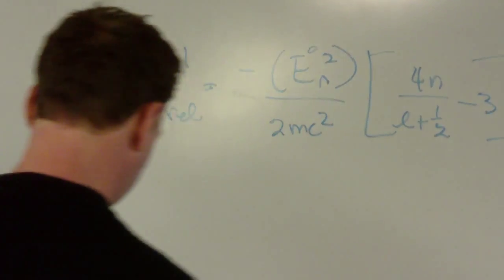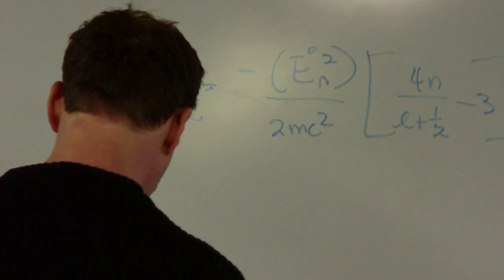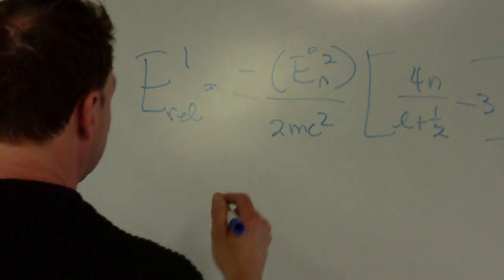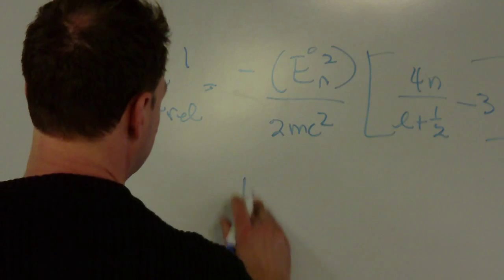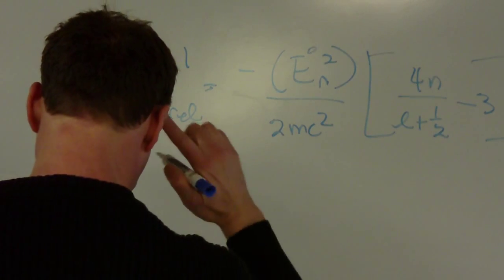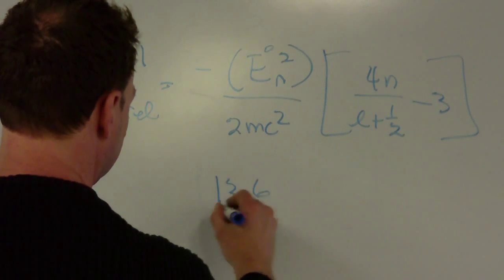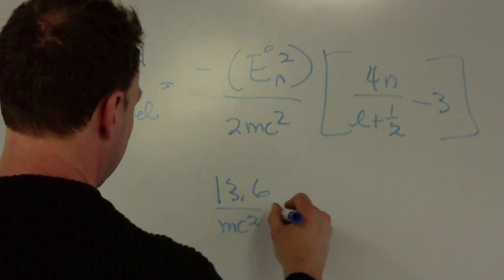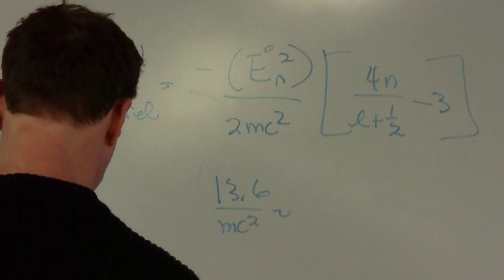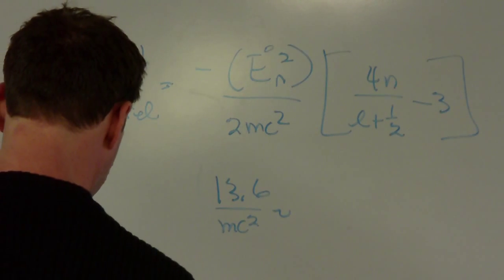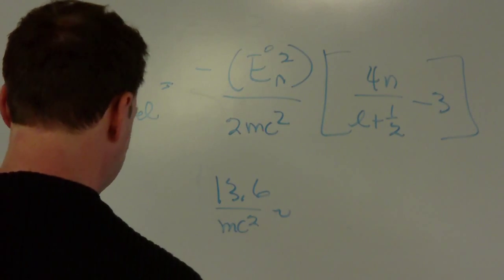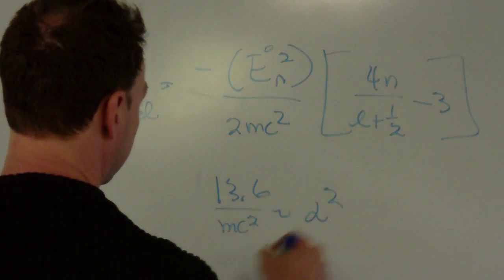Okay, now note that 13.6 over mc squared, 13.6 squared, is on the order of alpha squared.